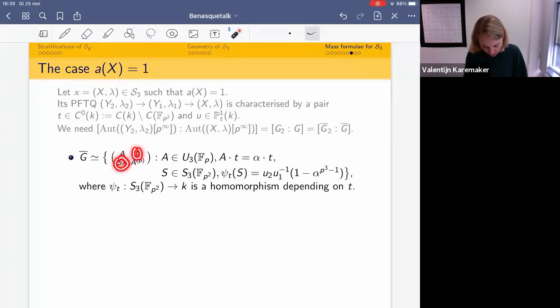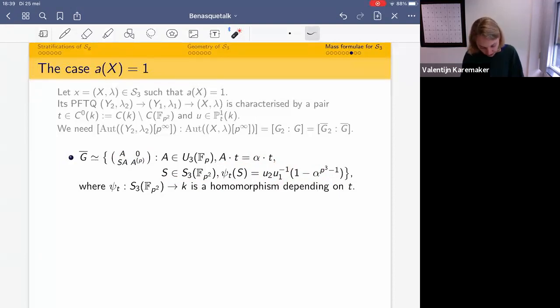And here we have SA, where S is again a symmetric matrix. And moreover, the matrix A has T, the point on the Fermat curve, as an eigenvector with some eigenvalue alpha that comes back here. So here we have a condition on S that we can see depends on T through this alpha, and it depends on U, the point U, which is coordinates U1 and U2 over here.